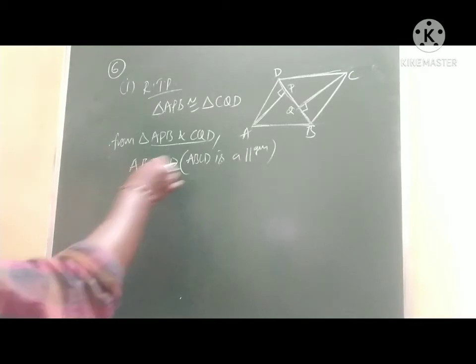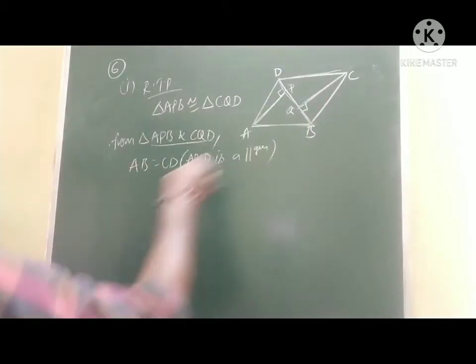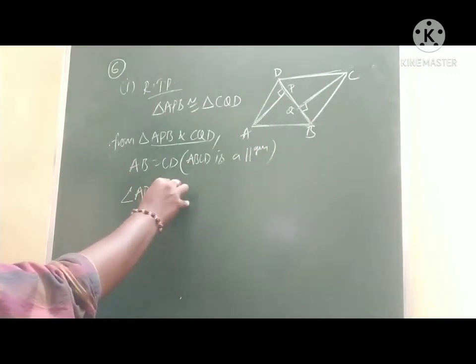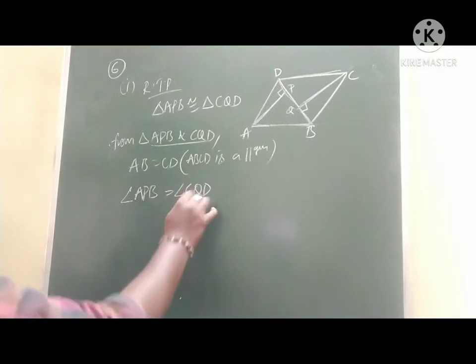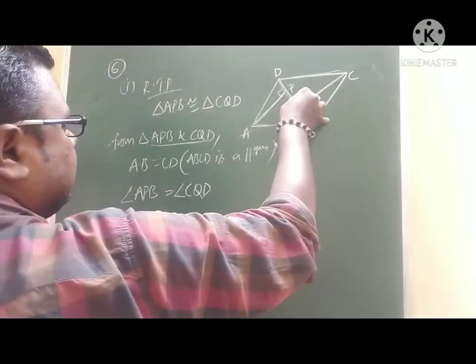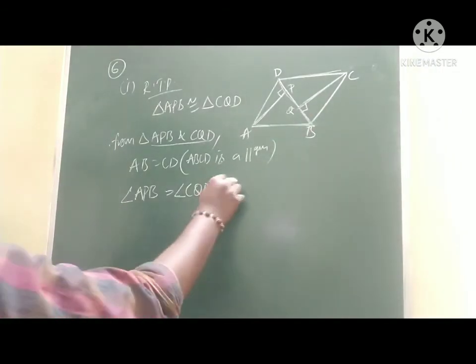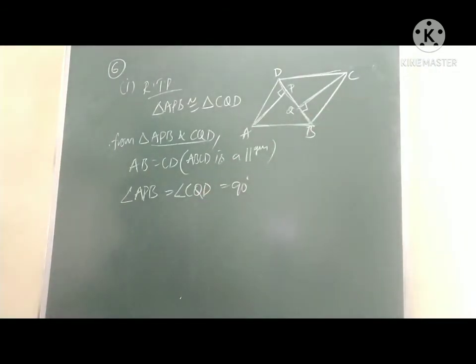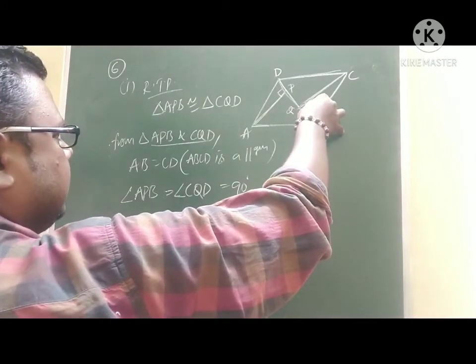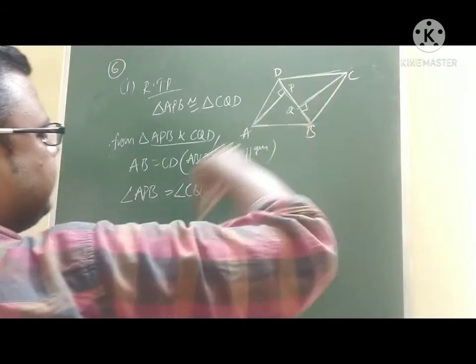Next, as we have given AP perpendicular to BD, you can write angle APB is equal to angle CQD, because we have one more perpendicular from C, so CQD is equal to 90 degrees. And at the same time, this angle and this angle we have shown, and AB is equal to CD we have shown.